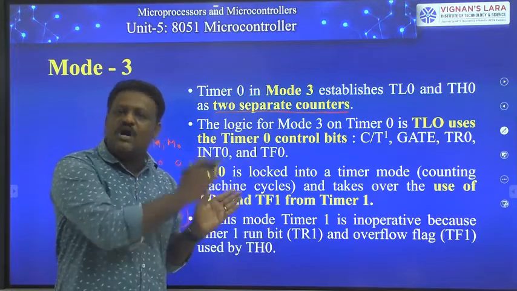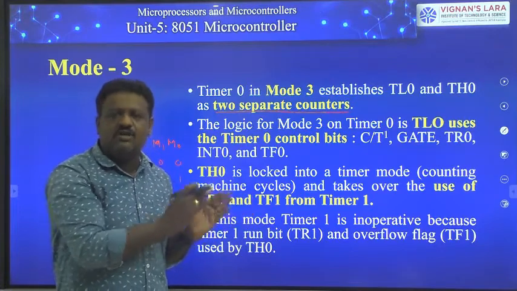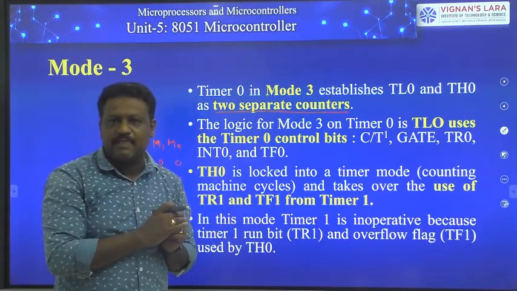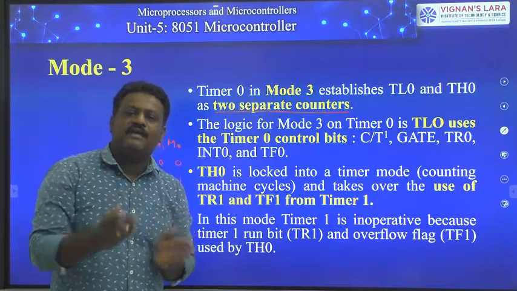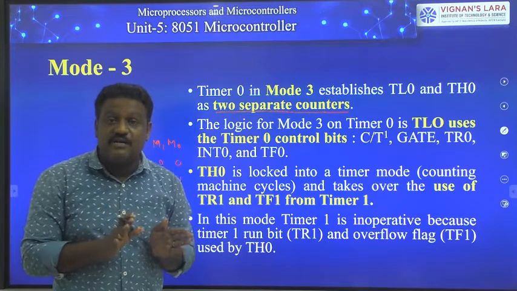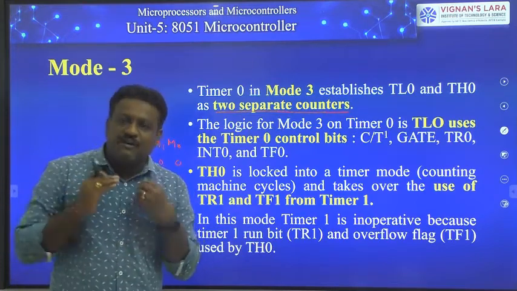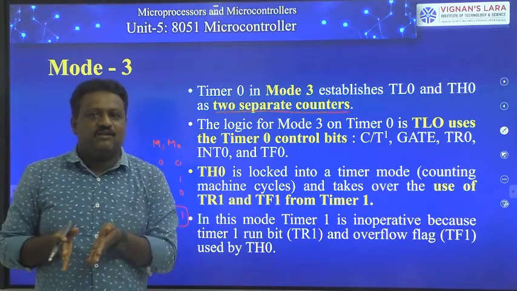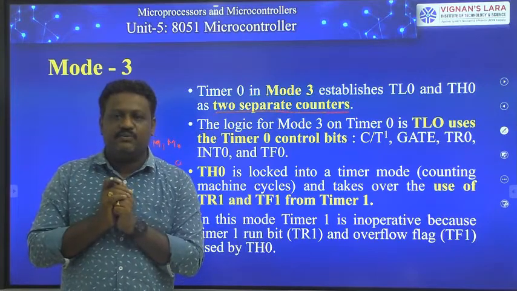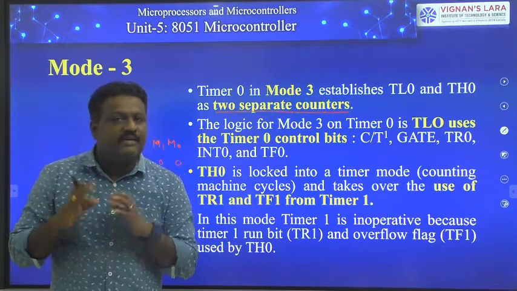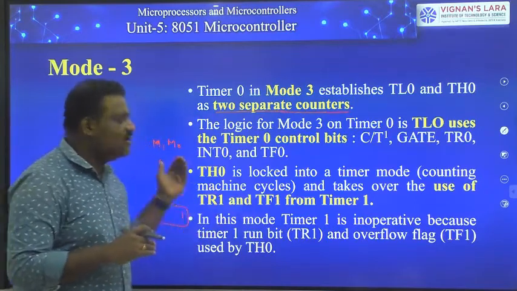Now TR0 and TF0 are used by one portion of timer 0, either lower byte or higher byte, and the timer 1 run bit and overflow flag can be used by the other portion. So there is no run bit and no overflow flag available for timer 1, so in mode 3, timer 1 is inoperative, because the timer 1 related run bit and overflow flag are both used by timer 0.